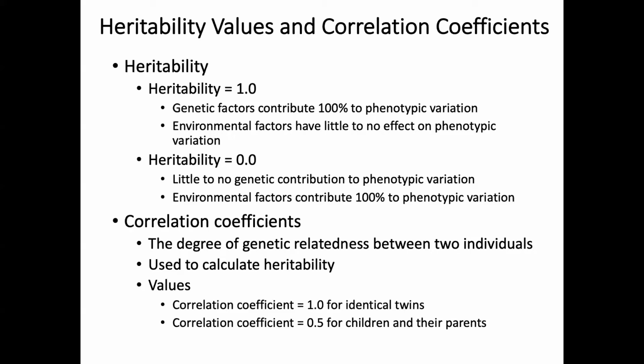In genetics, it can be used to calculate heritability by showing the degree of genetic relatedness between two individuals. For identical twins who share identical DNA, the correlation coefficient is 1. Whereas for children and parents, since children receive half of their DNA from each parent, the correlation coefficient is 0.5.